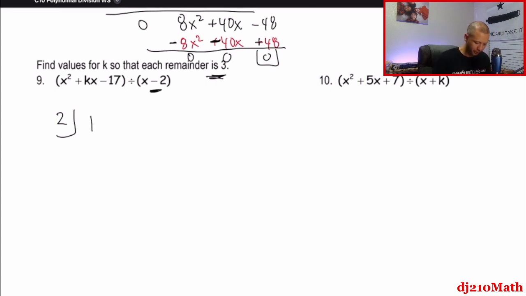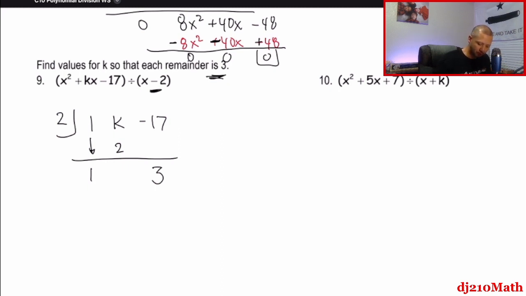Grabbing the coefficients, we have 1, k, negative 17. Going through our process, we bring down the 1 times 2. Now, there's a couple different ways you could do this. I showed 2 different methods earlier. We want the remainder to be 3, which was given. So we can either keep going forward or work backwards.